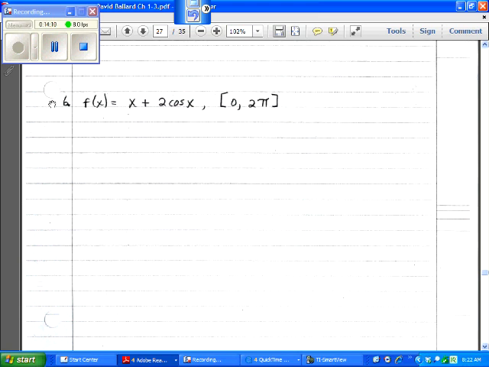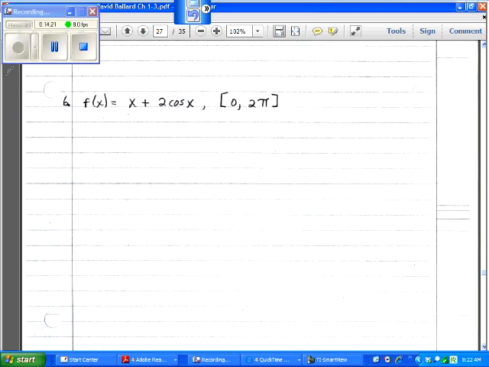So we want to work our way to the second derivative, and we want to think about what's going on in those intervals and whether in a certain place there's a change in concavity, therefore a point of inflection. So let's do the derivative. We're going to take the first derivative. So we have the derivative of the sum. The derivative of x is 1.